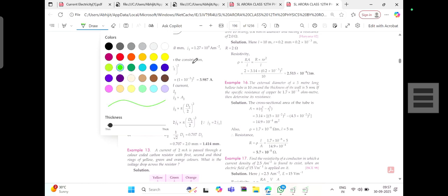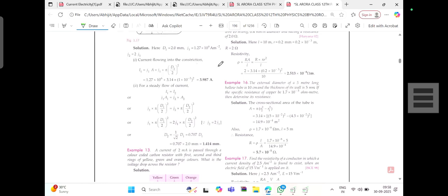This is the outer surface, and this is the inner surface.